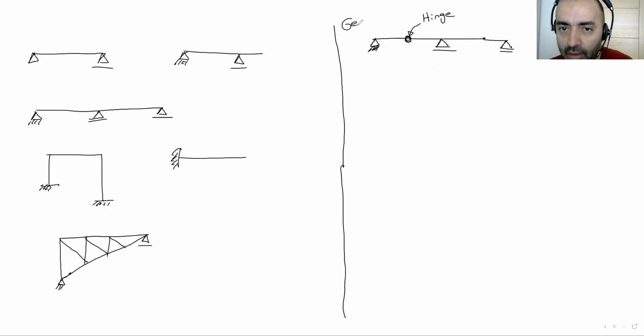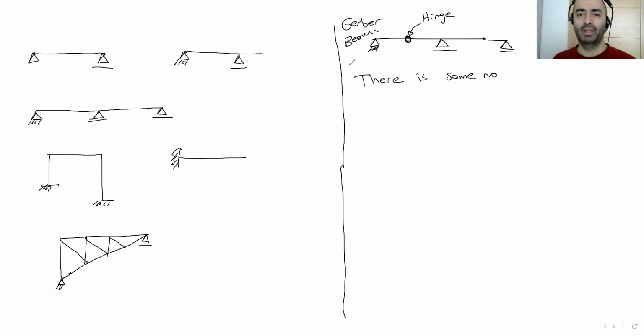Let me write here. Gerber beam. This beam has... there is... same number. By the way, just a second before I write it, let me explain with one more drawing and then I'm going to write it.